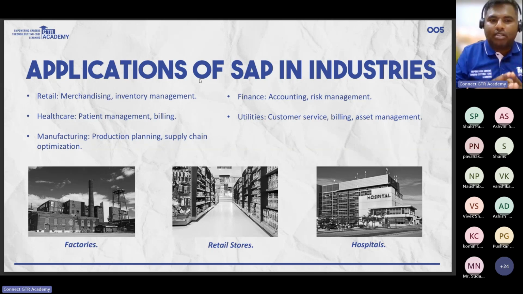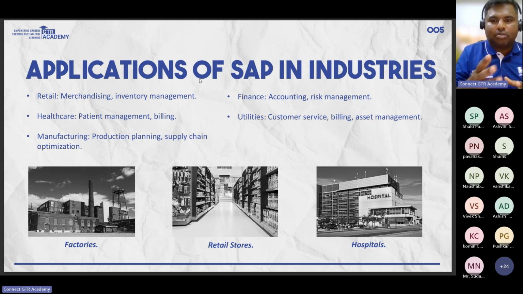You name the company, you name the product, I will say it might have come through SAP. Manufacturing companies, for example car manufacturers like BMW or Toyota, are all using SAP software.